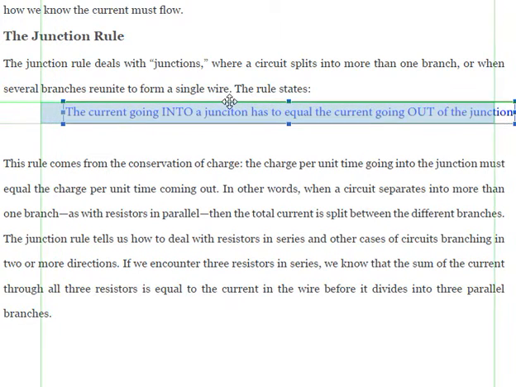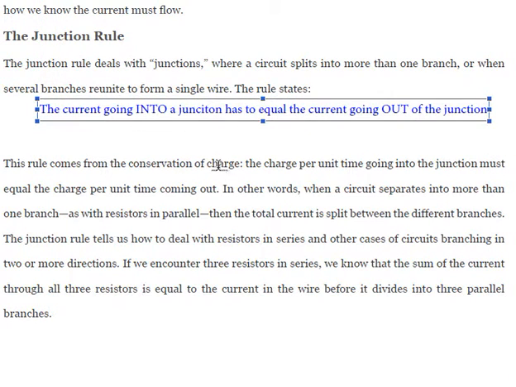And that's just going back to the conservation of charge. You have a certain amount of charge going in that has to be the same as the charge going out. So if a circuit separates into more than one branch, like resistors in parallel, then the total current is just split up along the branches.